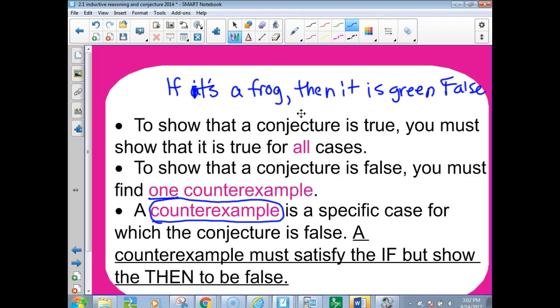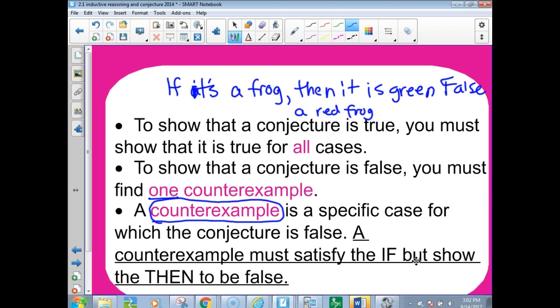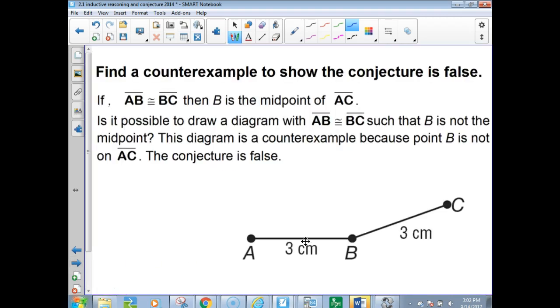And a counterexample would be a red frog. You know, I know there are some poisonous red frogs out there. Okay? Some are not even poisonous or red. I just made something up, though. It doesn't have to be red either. It just has to be not green, okay? So the point was, the part after an if has to be true. The part after then has to be false for it to be a counterexample.